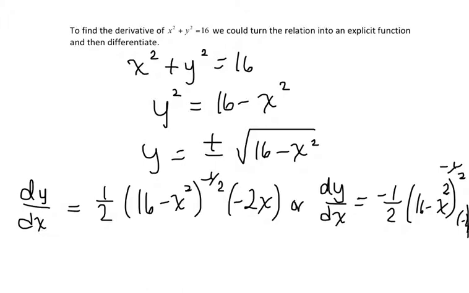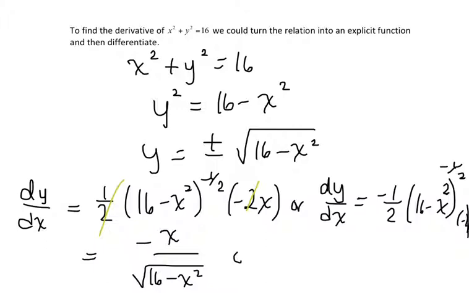That barely fits. So if I simplify this, then what I find is that my 1/2 and my 2 are going to cancel. And then I'm left with -x over root 16 minus x squared.